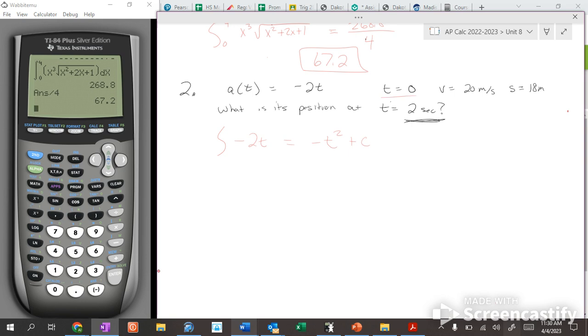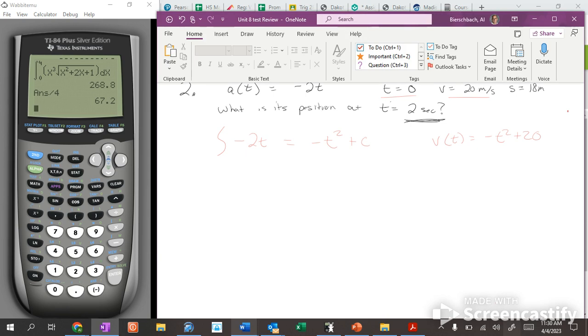Well, at time equals 0, what's the velocity? 20 meters per second. So when t equals 0, c must equal 20, right? So my velocity function equals negative t squared plus 20. Are we good with that? Yeah. Okay.